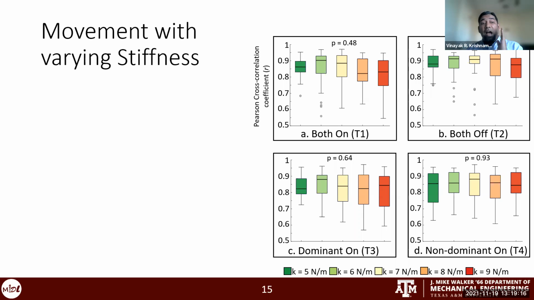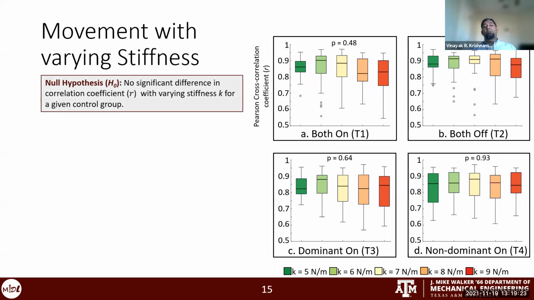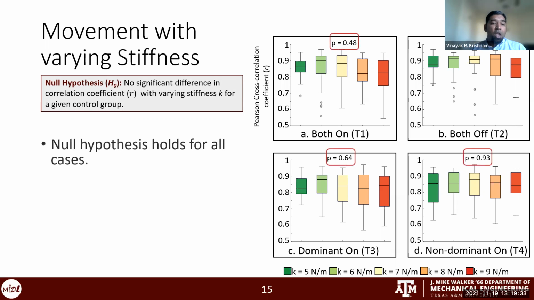I'm comparing across stiffnesses what happens in terms of the movement of the people. The null hypothesis is that there is no significant difference in correlation coefficient if you vary the stiffness of the spring for any given control group. If you look at each of these plots, we did a univariate ANOVA for this.